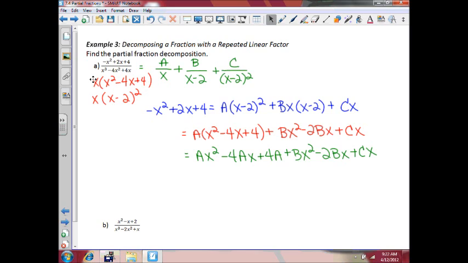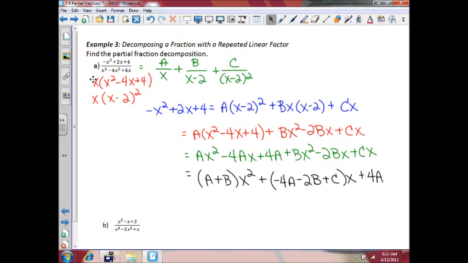Now we're going to collect our like terms. We can put A plus B times x squared plus negative 4A minus 2B plus C times x plus 4A.